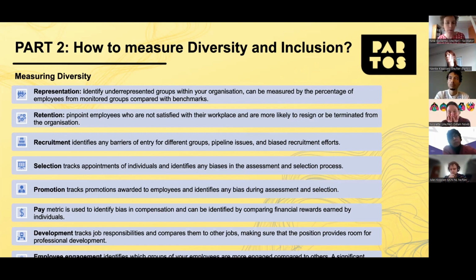I will go very fast about that because you can read it when you get the presentation. But basically you can measure the way people are represented within your organization.